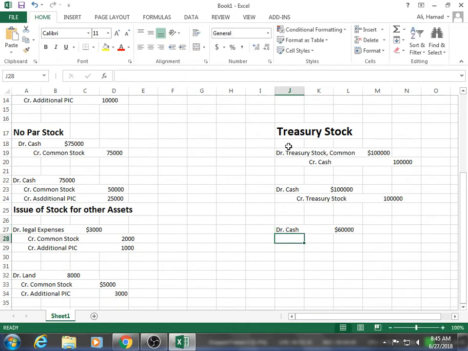And they're going to credit treasury stock, 1,000 at 50, 50,000.